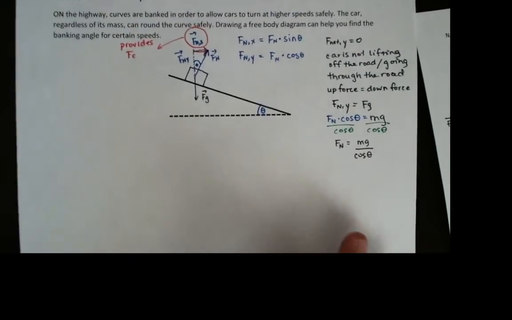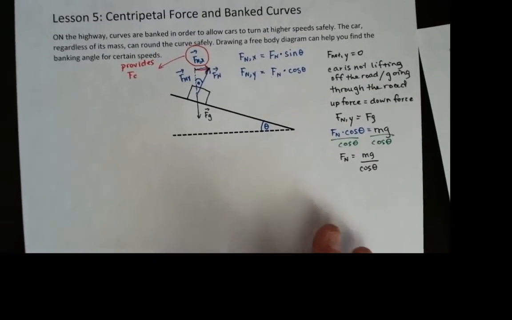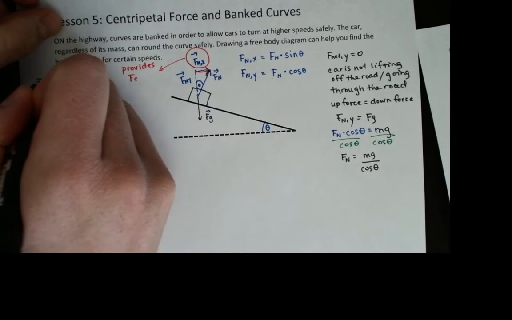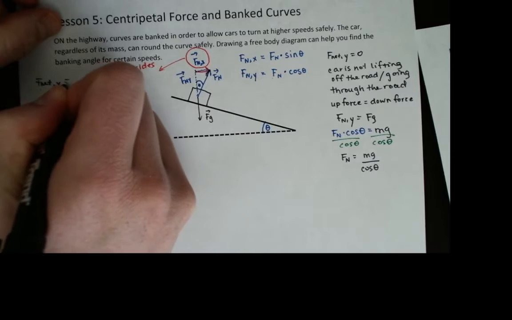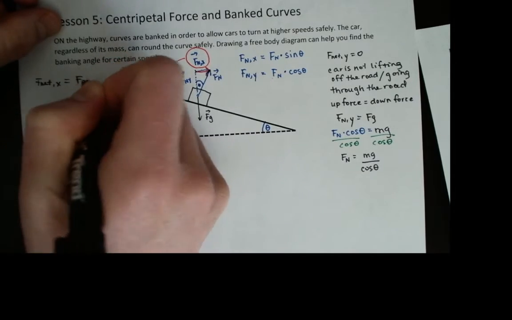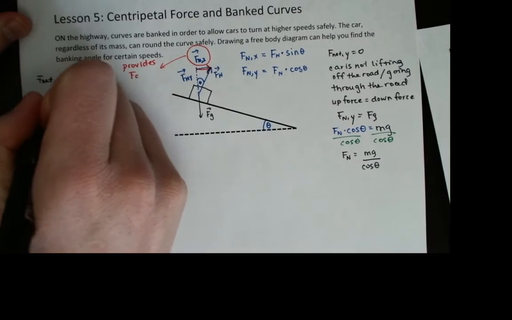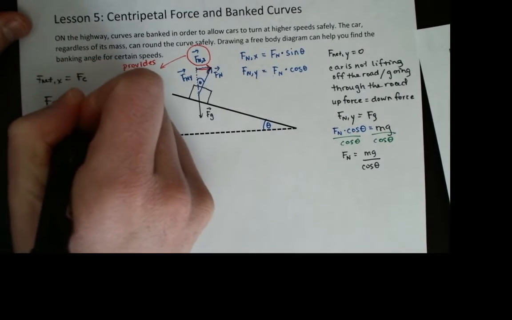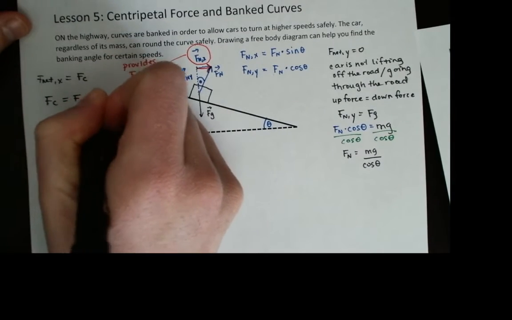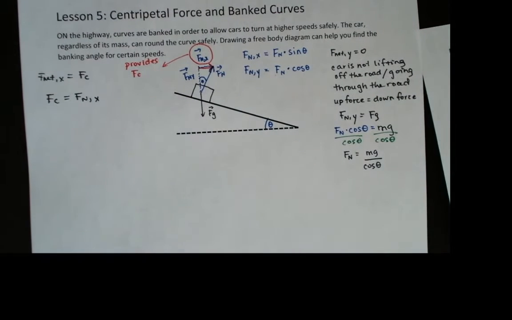In the x direction, the net force is just whatever centripetal force is provided. So the centripetal force is really Fn in the x direction.